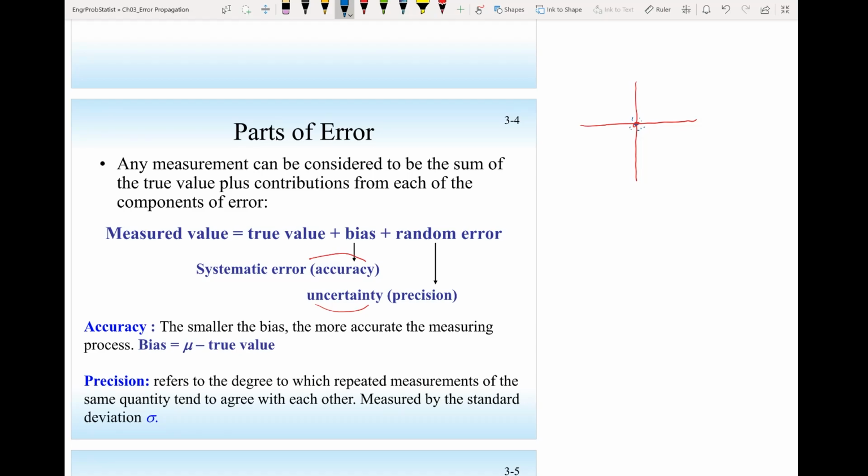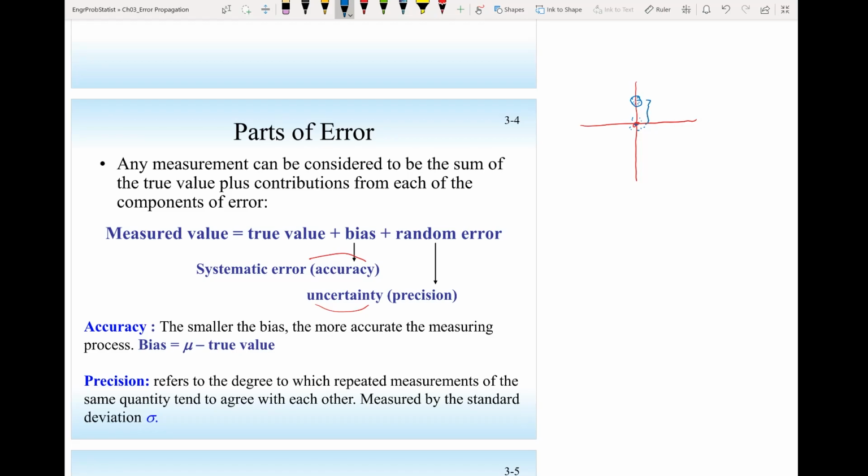So we say he has high accuracy and precision. But now imagine he's using another rifle and all his shots are coming here. Now we say he has high precision because all the shots are close to each other, but poor accuracy because there is an offset.